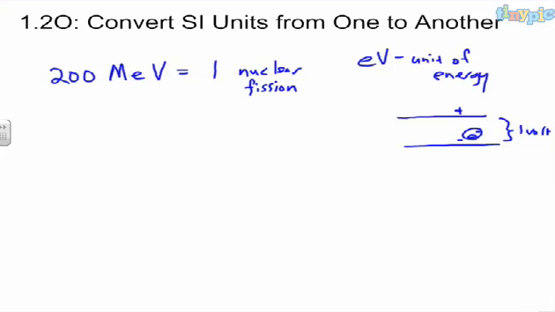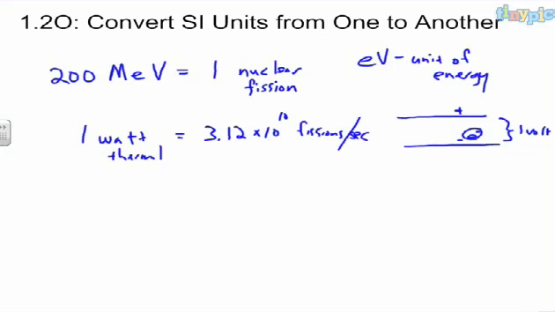However, the question is how many of these fissions do we have going on? Oh, well, let's take a look at this. On average, for every watt of thermal energy that we make at a nuclear power plant, we have 3.12 times 10 to the 10th fissions going on every second.